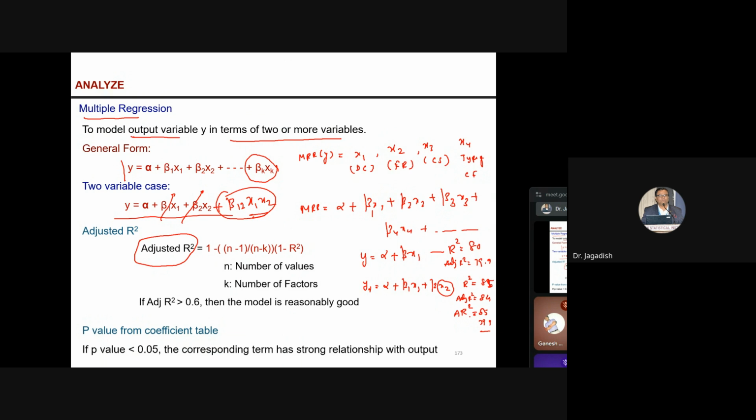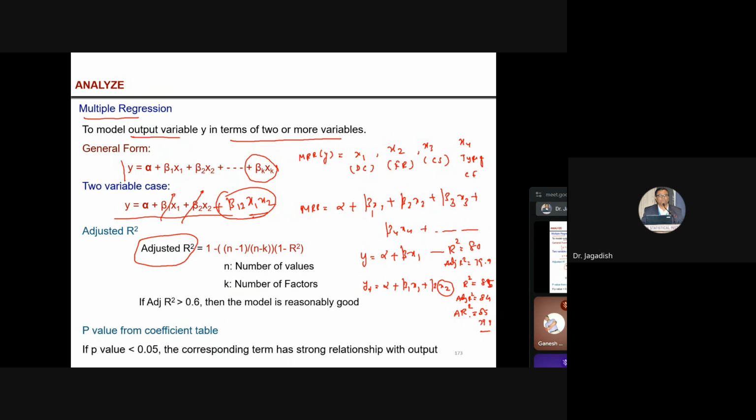If you add a new variable and the R square value of course increases, but your adjusted R square value is not increasing, then there is no point in adding that variable. That indicates that the factor is not a significant factor in the model. That way also we can judge using adjusted R square.